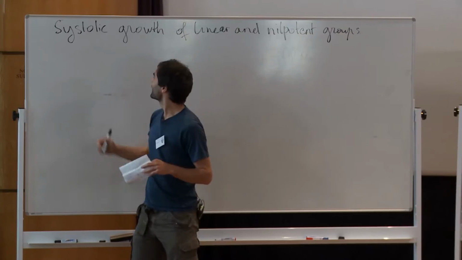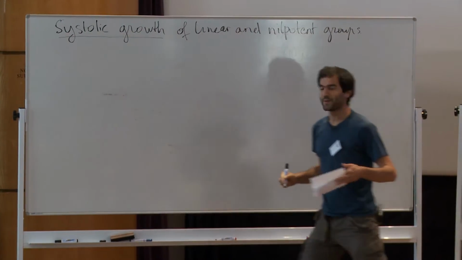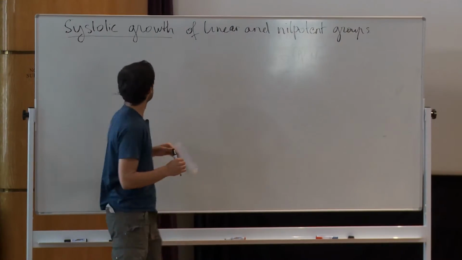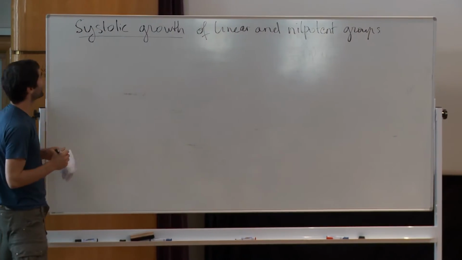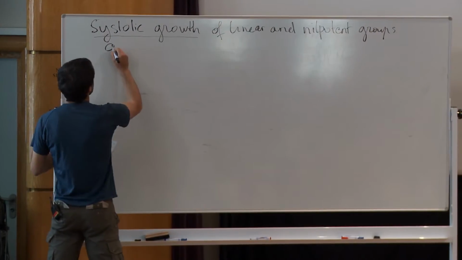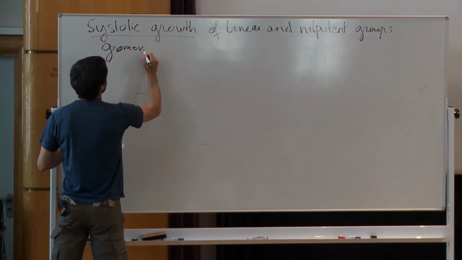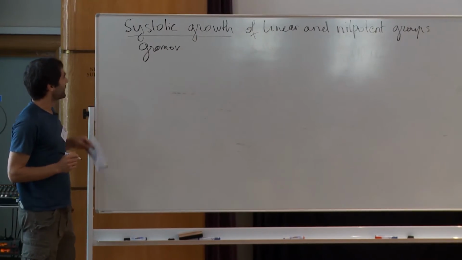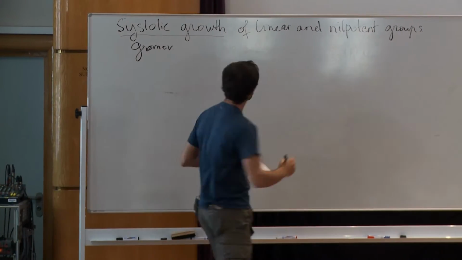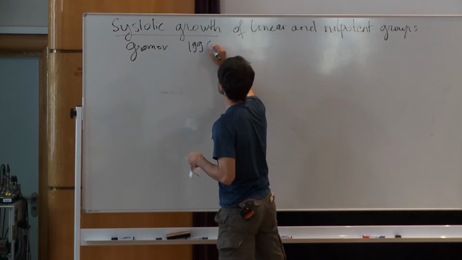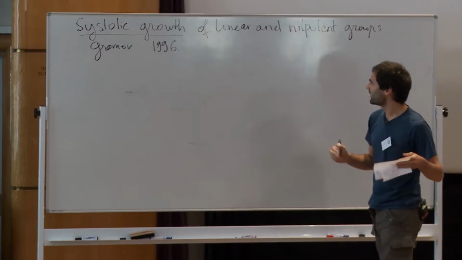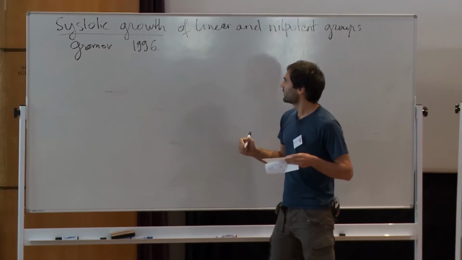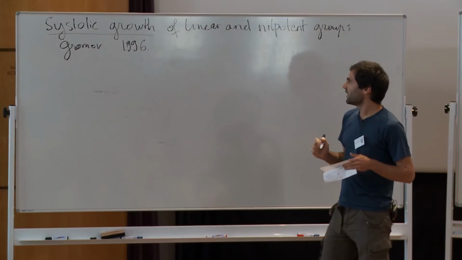Okay, so I will tell you about systolic growth, and we'll first define what it is in the context of groups. It comes from some definition by Gromov in a paper in the proceedings of a conference in honor of Marcel Berger, from '92.